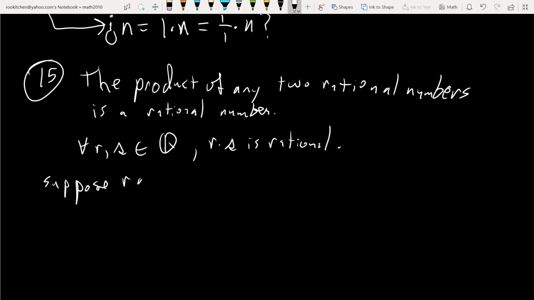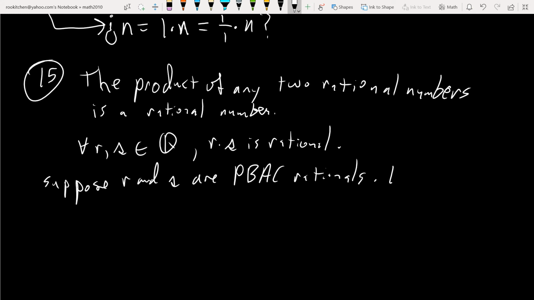Suppose r and s are rational, and then we're going to instantiate them into their fraction form using the definition.